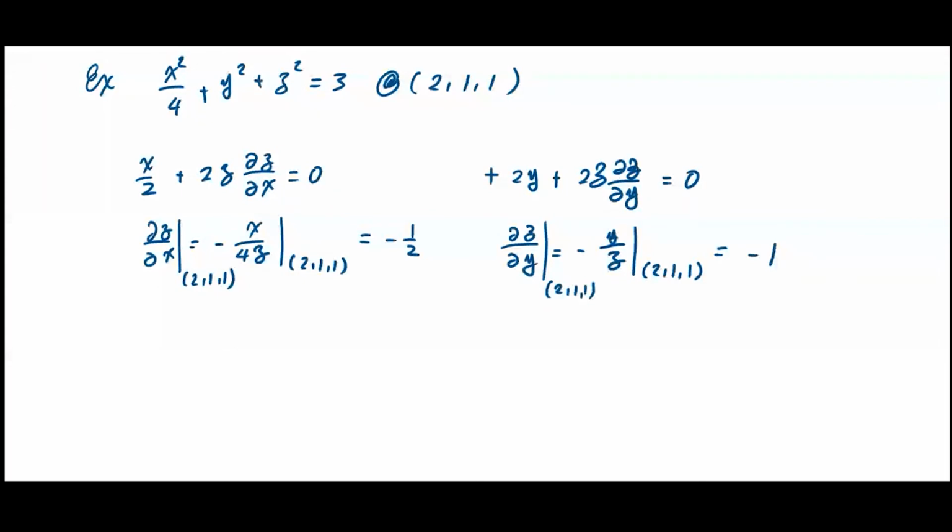You with me? So the equation of this tangent plane is z minus z naught, this thingy, 1, is equal to the slope in x direction. So we have negative 1/2 times x minus that thingy, minus 1, the slope in y direction, negative 1, times y minus that thingy.